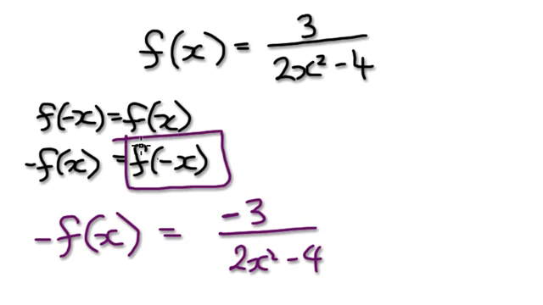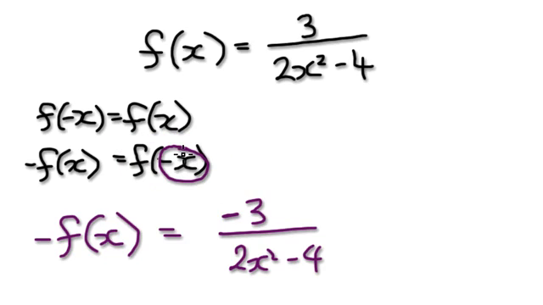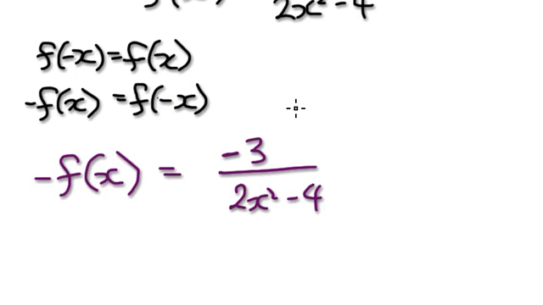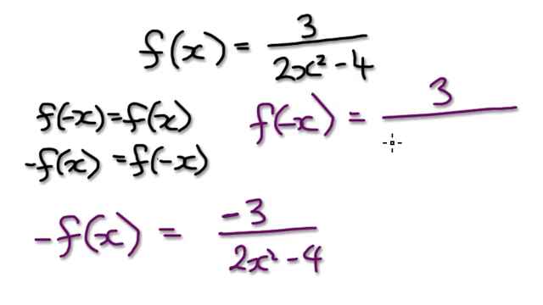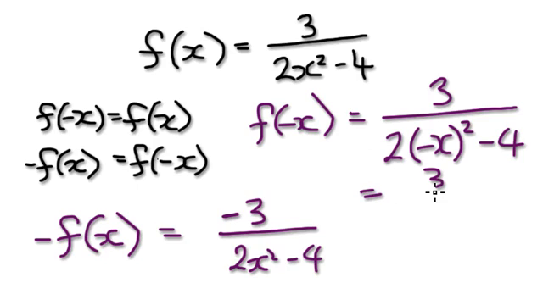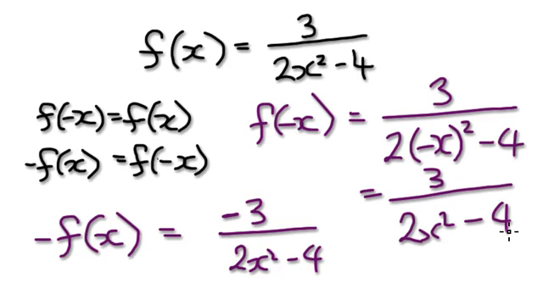Now let me apply the other transformation, putting negative x into the function. So f of minus x equals 3 over 2, bracket minus x, close it up, squared, minus 4. Tidying up, this is 3 over 2 x squared minus 4.